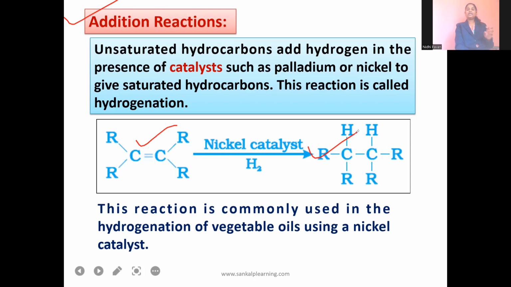This is usually done in hydrogenation of vegetable oil. You might have watched many advertisements advertising healthy vegetable oil. Healthy vegetable oils means what? The vegetable oil which contains much unsaturated fatty acids.